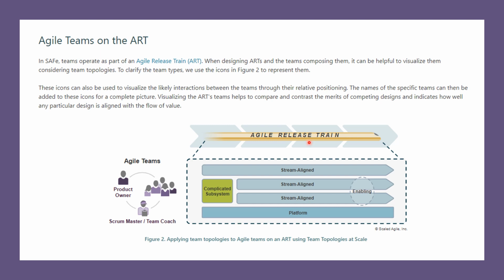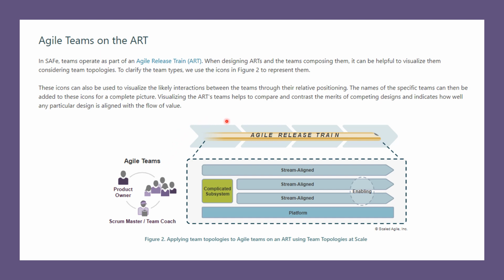This ART is composed of all four different types of team topologies that we discussed. It consists of three stream-aligned teams, one complicated subsystem team, one platform team and one enabling team, which is supported by the product owners, Scrum Master, and agile teams.